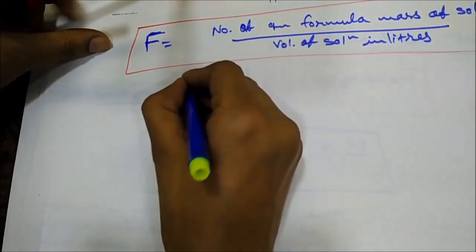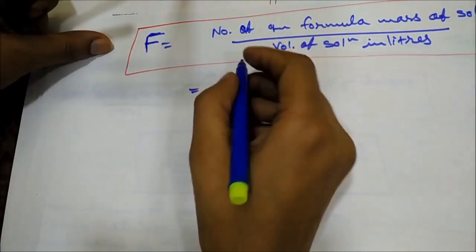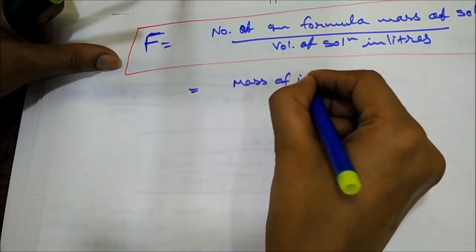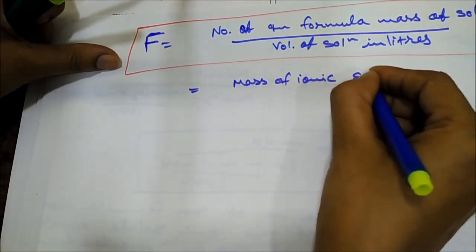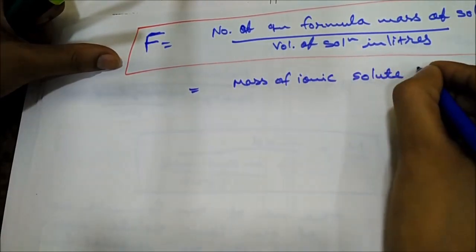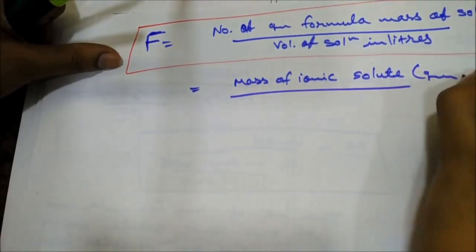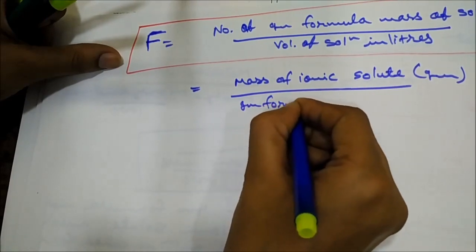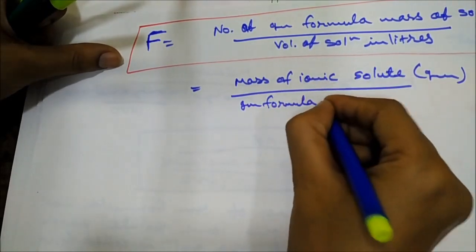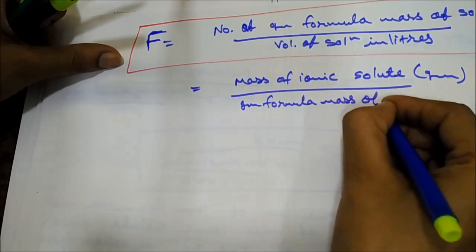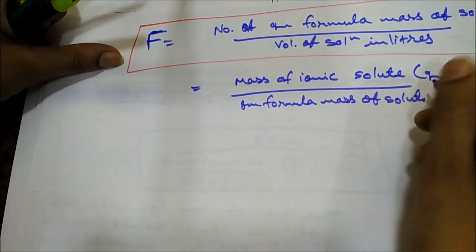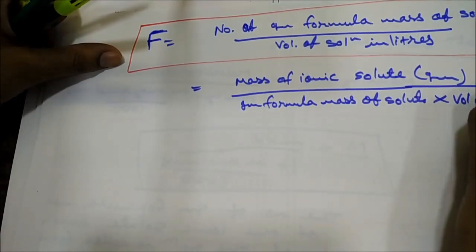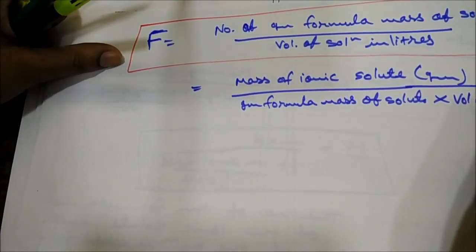Or we can write this formula in another form also: mass of ionic solute in grams divided by gram formula mass of solute multiplied by volume of solution in liters.